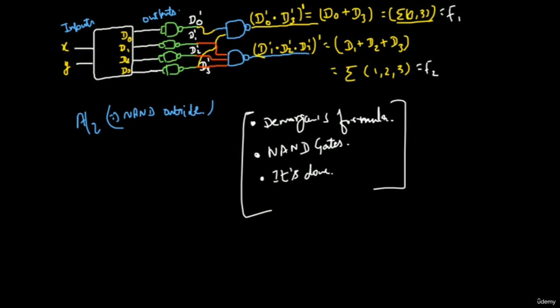We made this IC of 2 cross 4, and this IC is actually our decoder. So I can also write it: decoder. So this IC is our decoder with 2 inputs and 4 outputs.